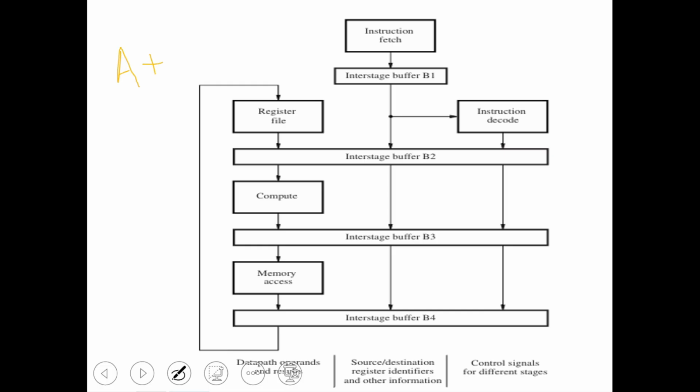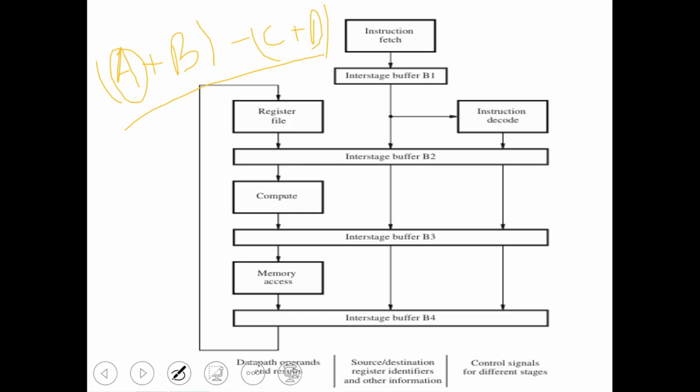A simple operation: addition, A plus B minus C plus D. Okay. Here, first the instruction is fetched from the instruction memory and stored in the buffer B1, and the instruction is decoded.